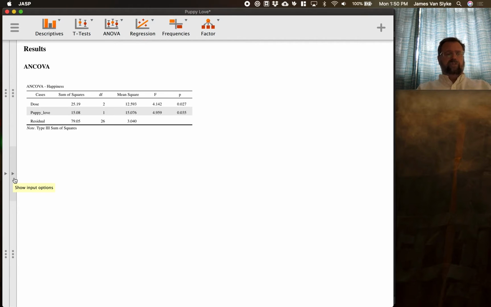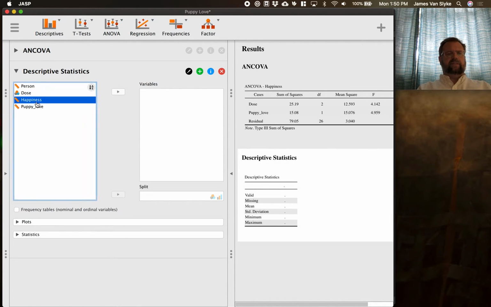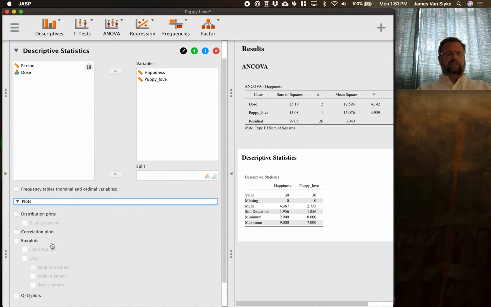Now, the other way we can do that is to represent that graphically. So let's go to descriptives. And let's take these two, the dependent variable and the covariate. And because they're both scale, let's just do a correlation plot.